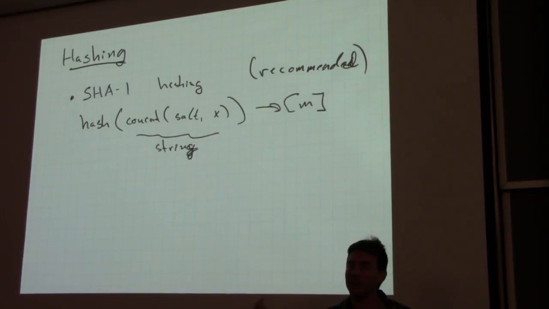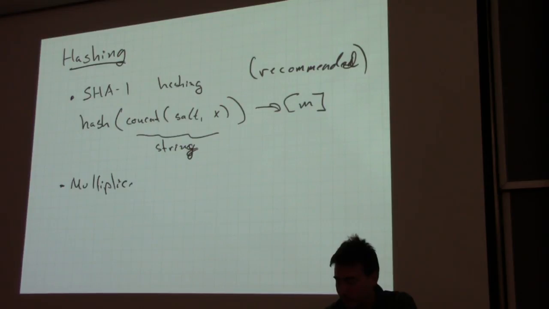There are ways to do this mechanically, something like multiplicative hashing. This multiplicative hashing is basically the easiest way to build something yourself.